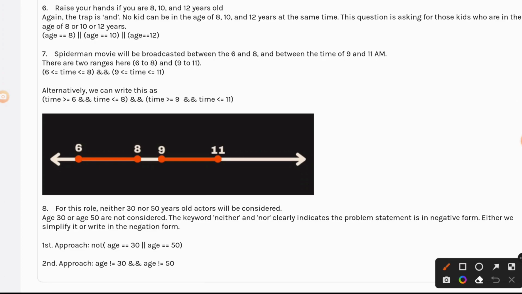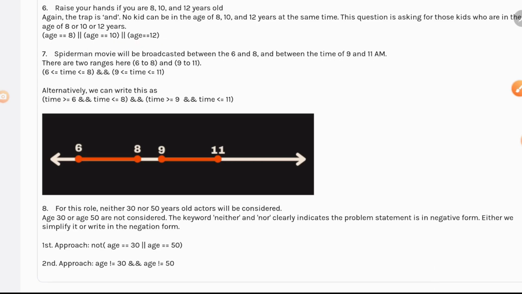You cannot say you are 8 and 10 and 12. There is nobody who can be in all three ages at the same time. So it is 8 or 10 or 12. And that's how we construct it. We say age equal to 8 or age equal to 10 or age equal to 12.